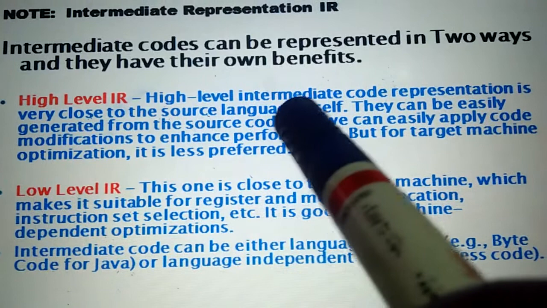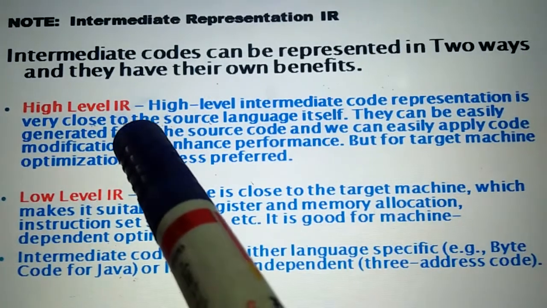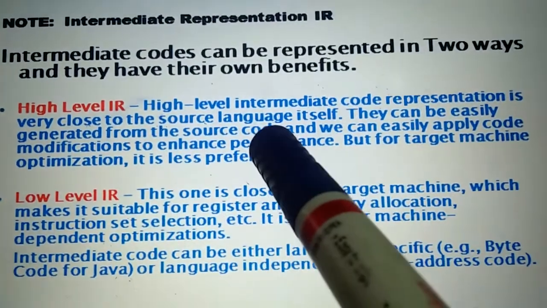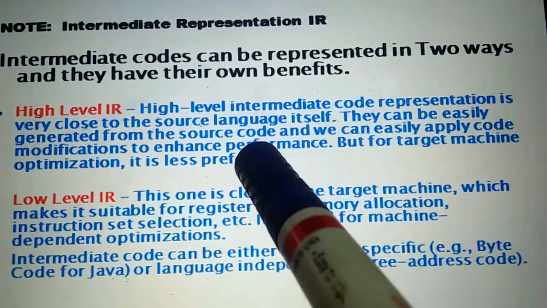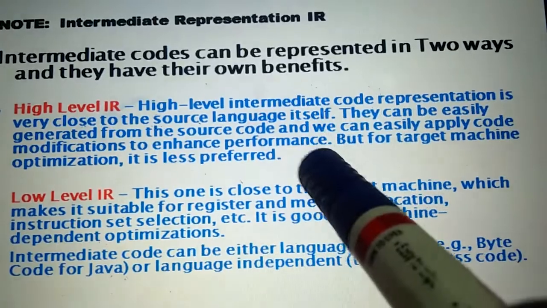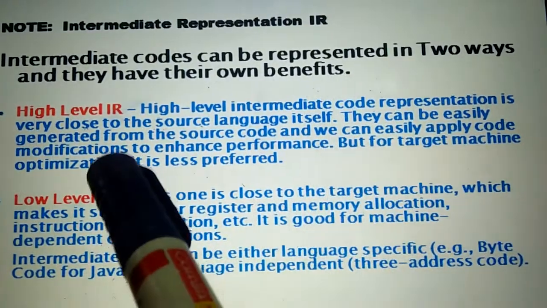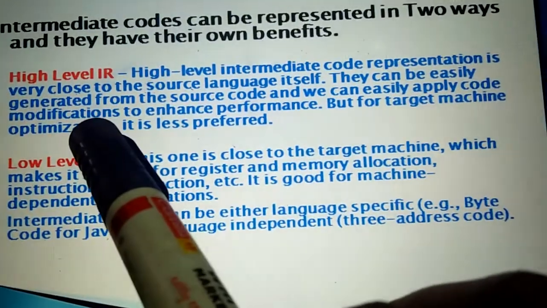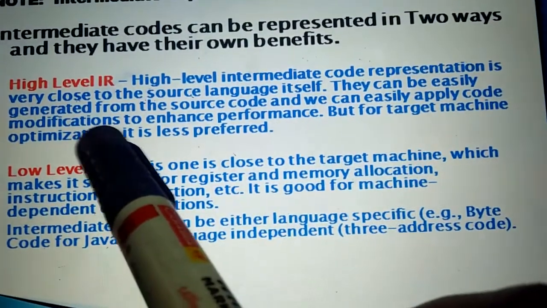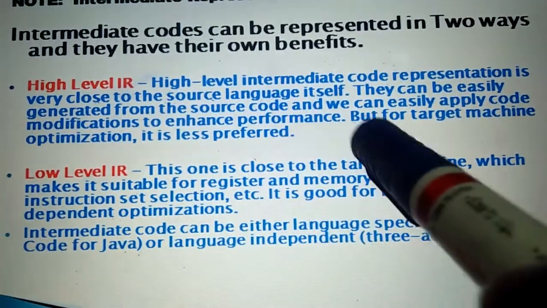The high level intermediate code representation is very close to the source language itself, and can be easily converted from the source code, and we can easily apply code modification to enhance the performance.